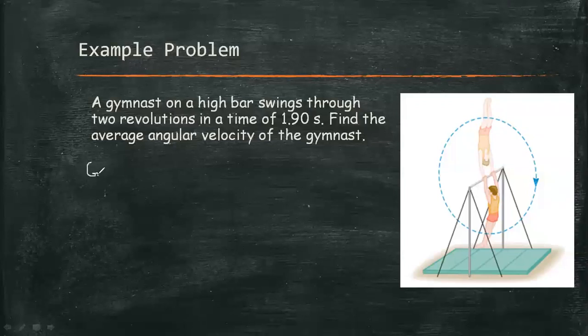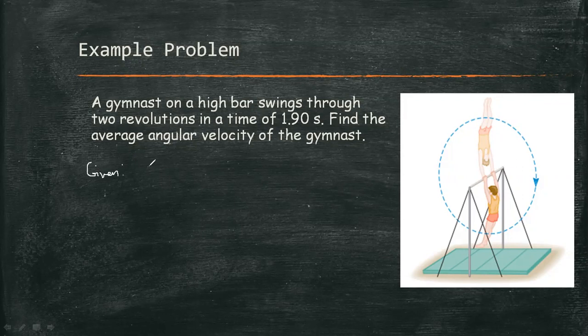Our given is theta of 2 revolutions, which, if we multiply by 2 pi rad per 1 revolution, gives theta equal to 4 pi rad.